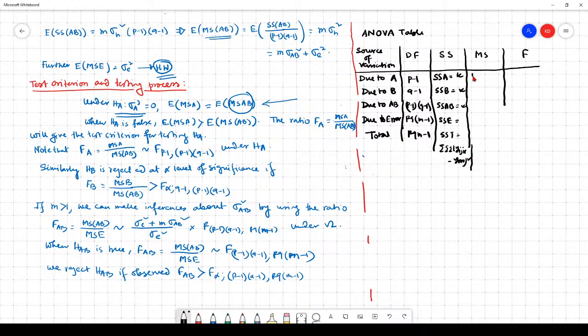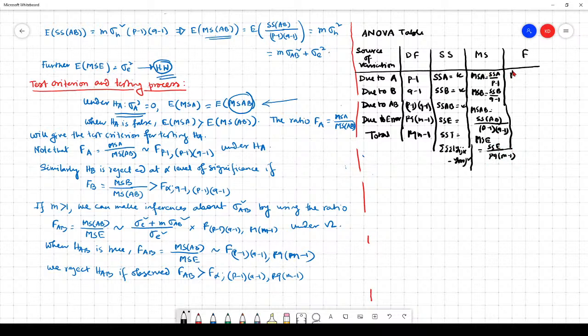Now MSA is equal to SSA by p minus 1, MSB is SSB by q minus 1, MSAB is equal to SSAB by p minus 1 into q minus 1, and last MSE, which is equal to SSE by PQ into m minus 1.